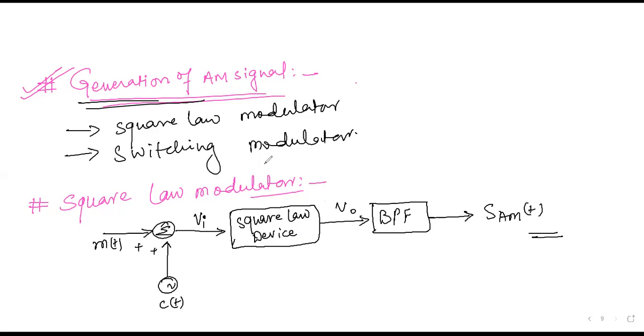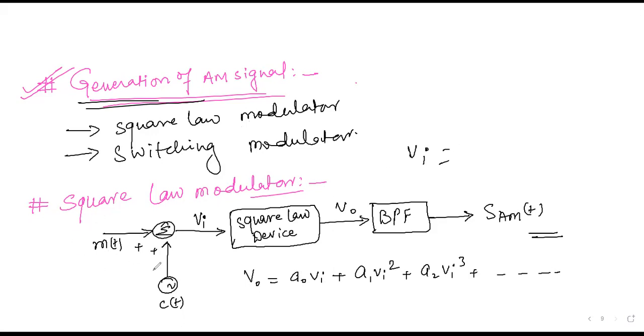Now, this is V0, this is Vi. In the square law device, V0 is related to Vi and is equal to A0 times Vi plus A1 times Vi square plus A2 times Vi cube and so on, where A0, A1, A2 are constant values. Now, what is Vi?